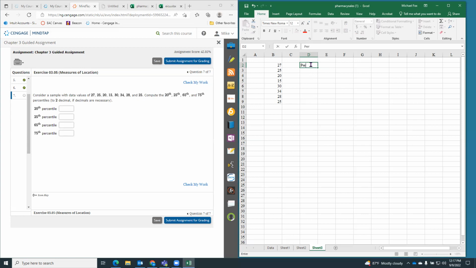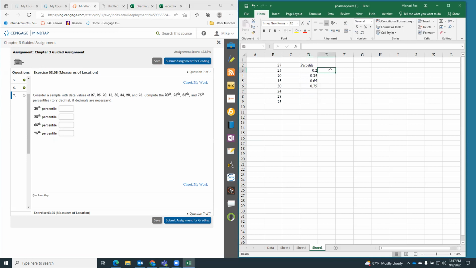So the best way to do this that I know of is to put in 0.2, 0.25. So 0.2 represents 20% or the 20th percentile. 0.25 is 25%, 0.65, and 0.75. So those are our percentiles.